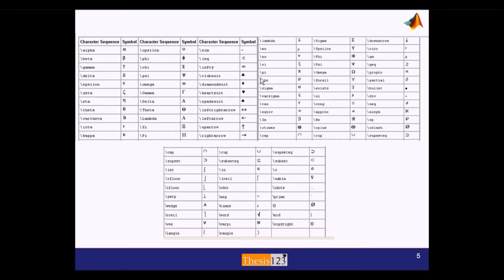You can also see some symbols here, the club suit, diamond suit, heart suit, spade suit, arrows, real numbers, epsilon, phi, plus or minus, subset, superset, cap, and copyright, etc. There are many Greek characters and symbols given in MATLAB, which you can use for your plots. Let us take one example.